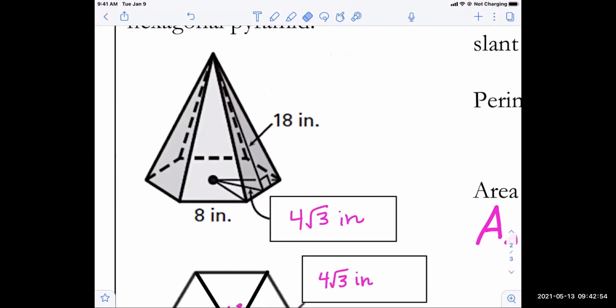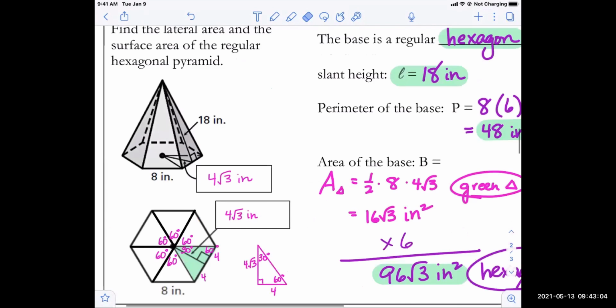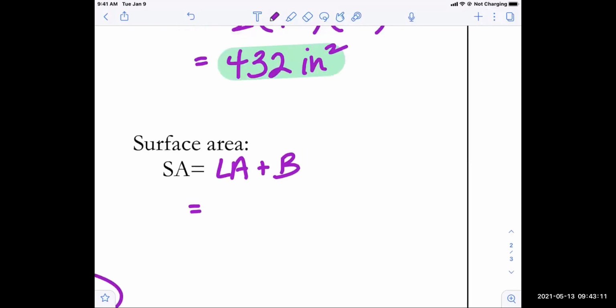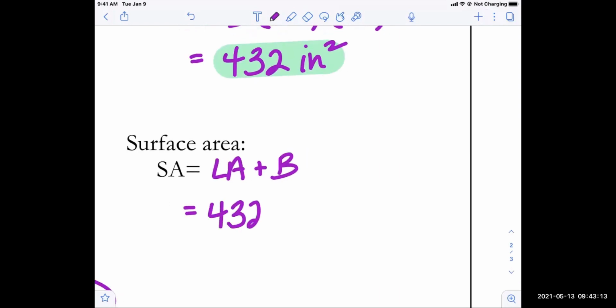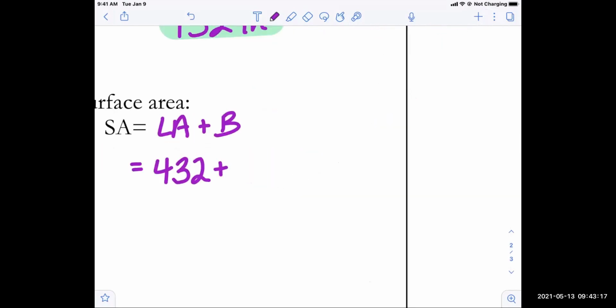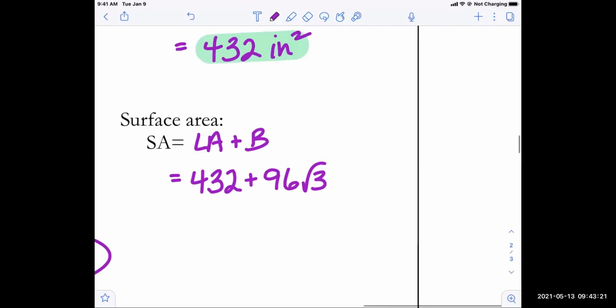Surface area is if you're going to paint the entire surface. So lateral area is just if you painted the triangles all the way around. What are you missing if you only paint the triangles? The base. And again, this is a pyramid, so there's only one base. Surface area is lateral area plus a base. So 432 plus what? 96 root 3. Now, can you put those together? No. What's the label? Inches squared.